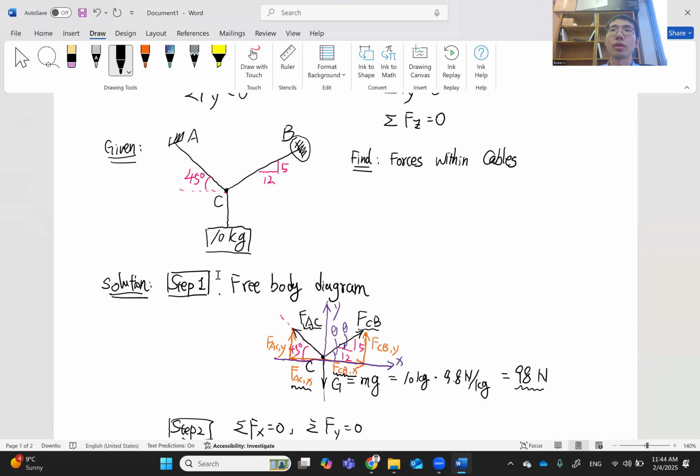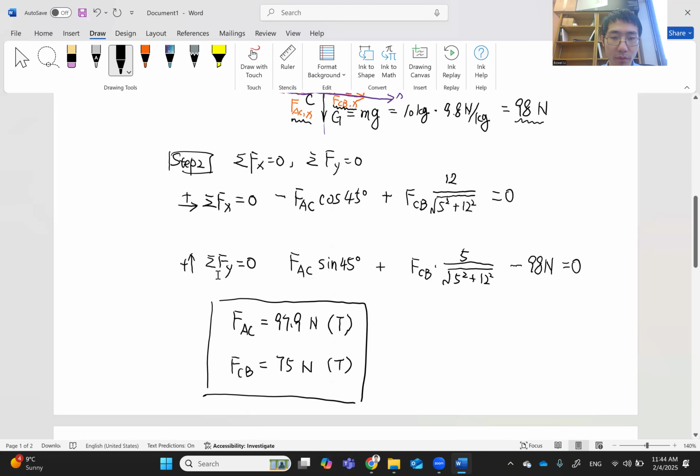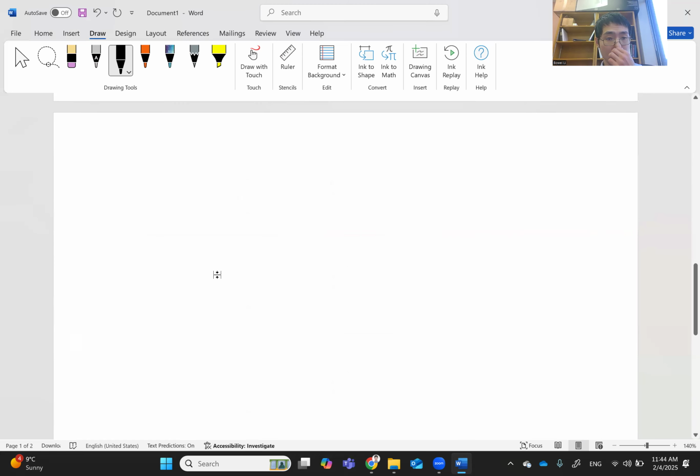So I'm going to introduce another example, a pulley system.